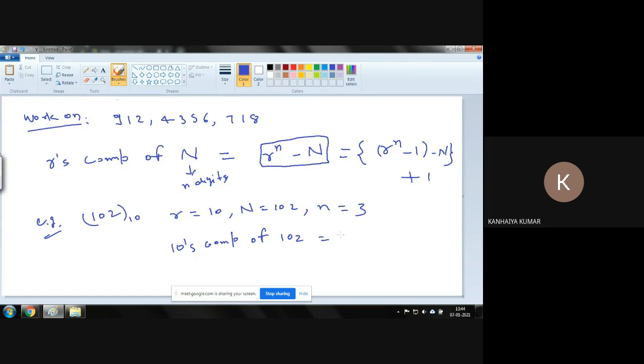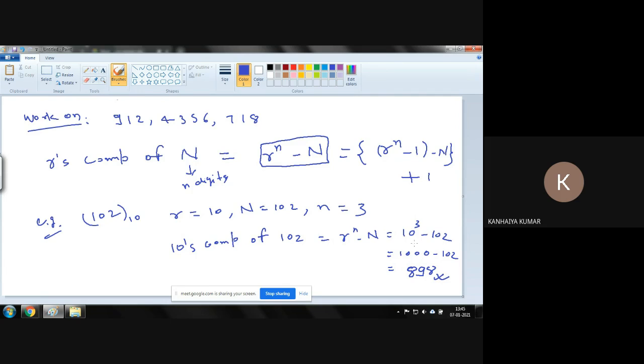It is equal to r to the power n minus N, which is 10 to the power 3 minus 102 itself. So you will get your answer as 1000 minus 102, which is equal to 898. If you remember, the r minus 1 or 9's complement was 897, plus 1 is 898. You got your answer correctly.